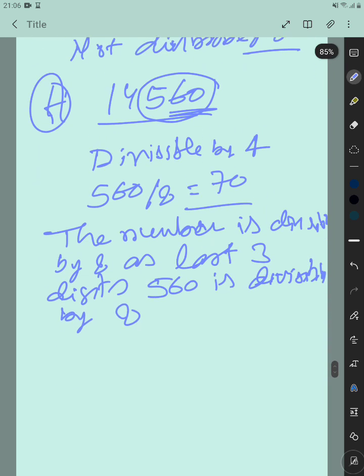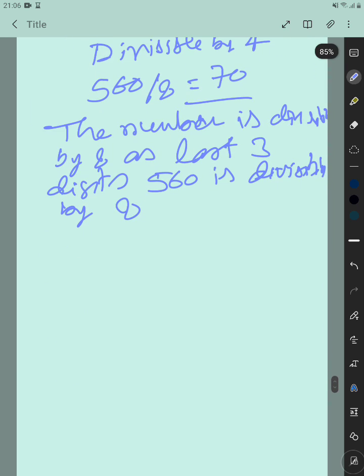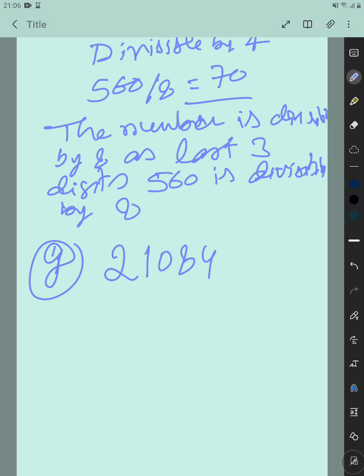We'll write explanatory answer, okay, fine. So G part is 21084. So I will do little quickly, and I will not write the explanatory answers, okay.